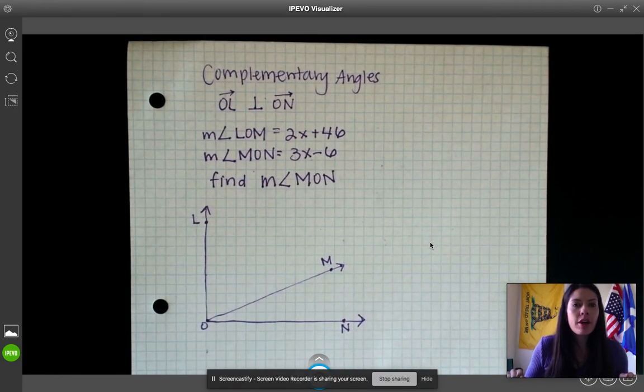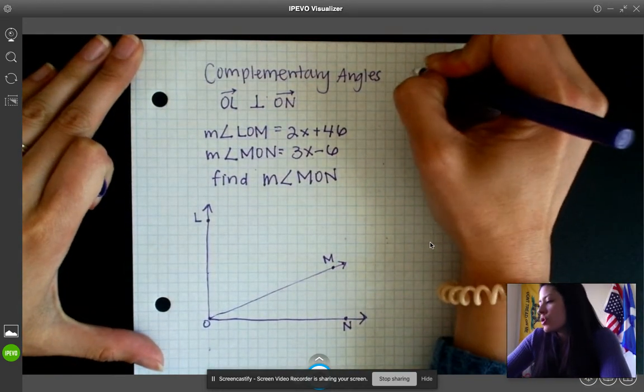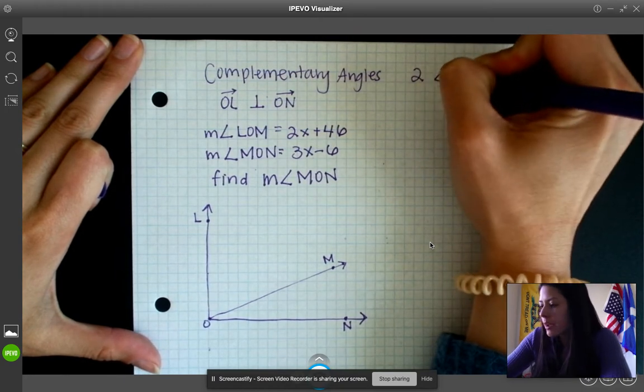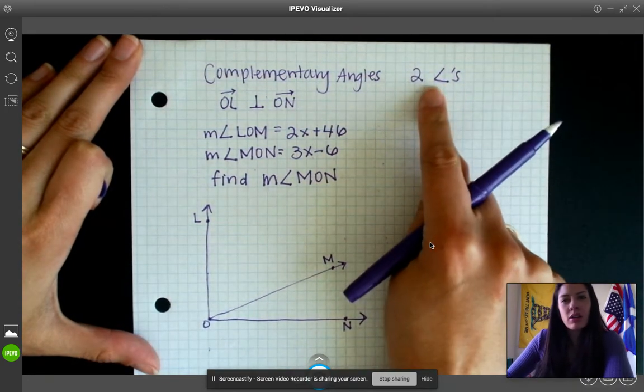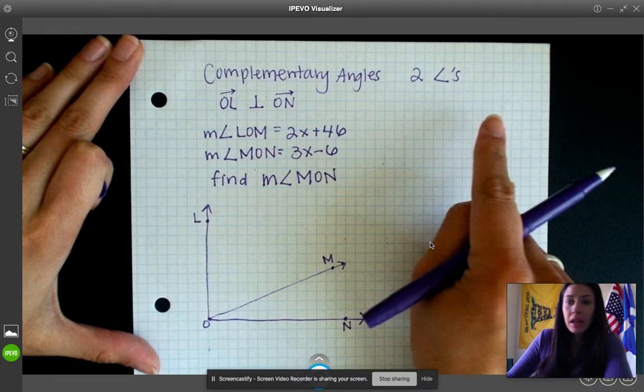Remember in your video lessons that the vocabulary or the definition of complementary is two angles that when you add them together, they equal 90 degrees, okay? Whenever you see this little angle symbol, that means angle.